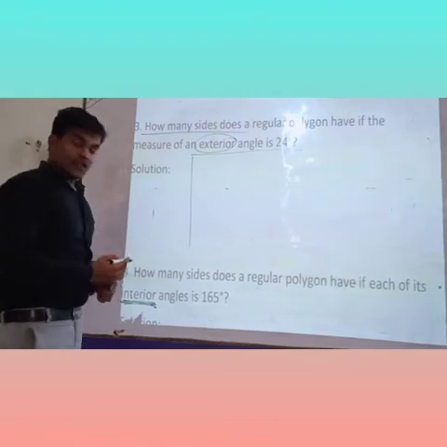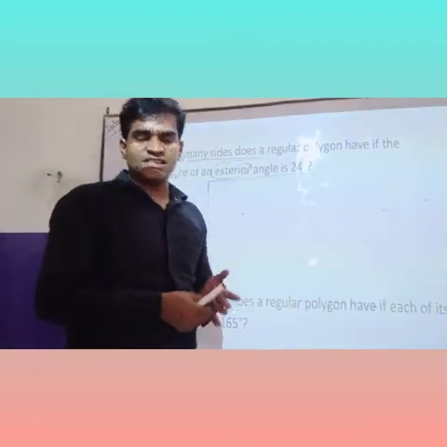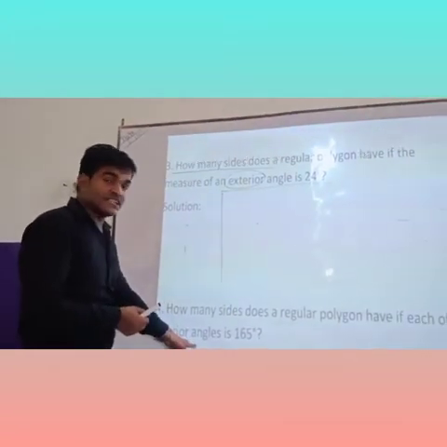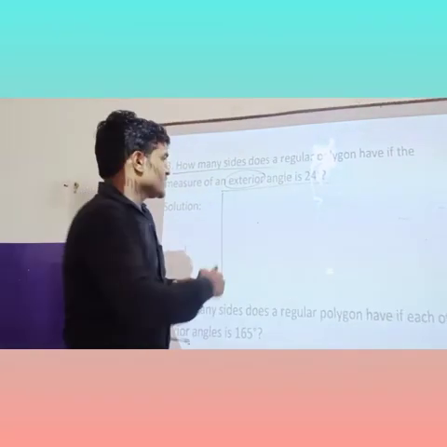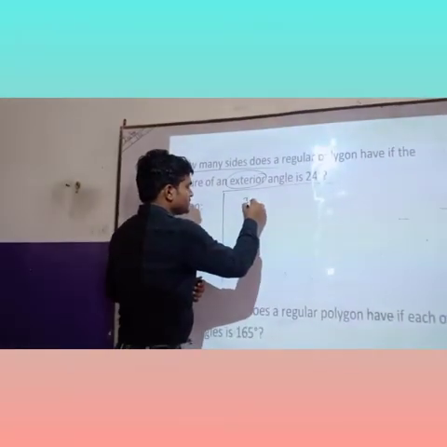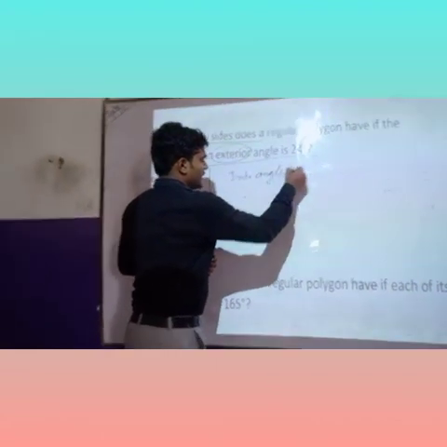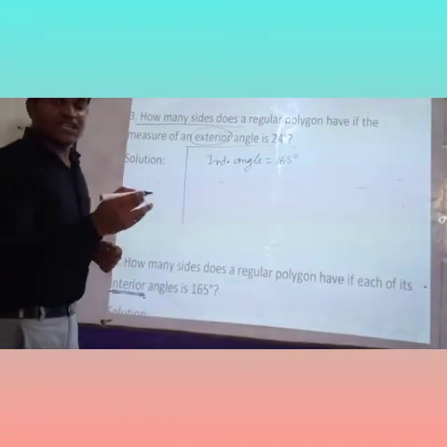We know the formula for the number of sides is 360 degrees divided by the exterior angle. But here the interior angle is given, so first of all we have to find the exterior angle. The interior angle is given as 165 degrees. So find out the exterior angle.